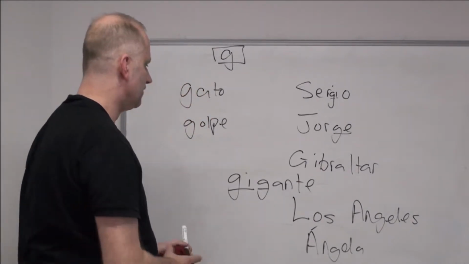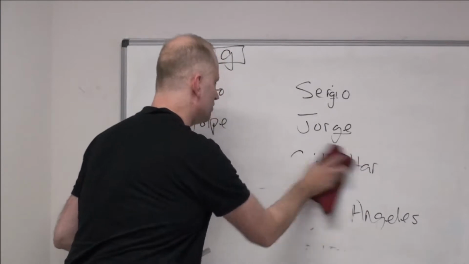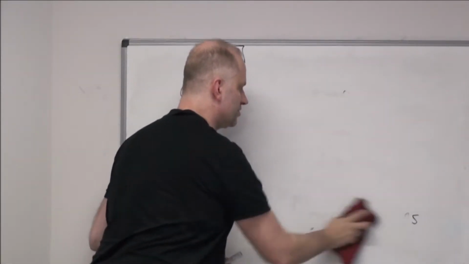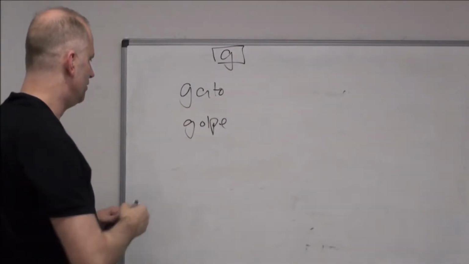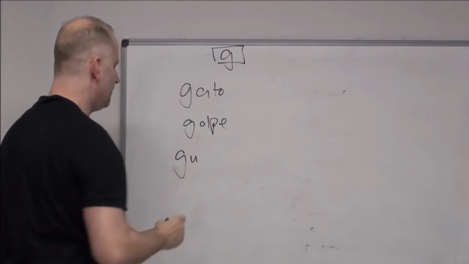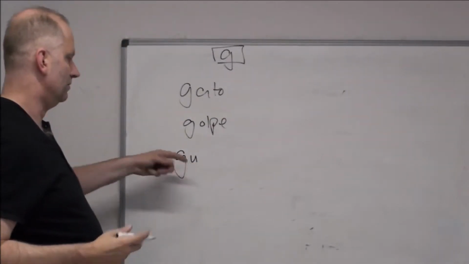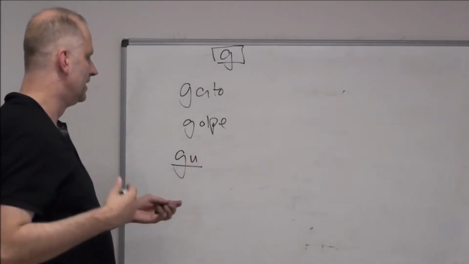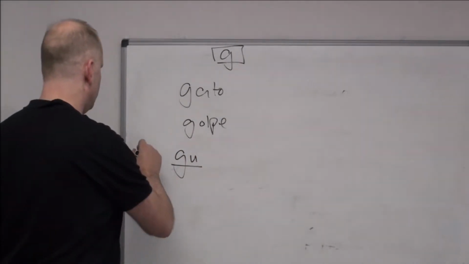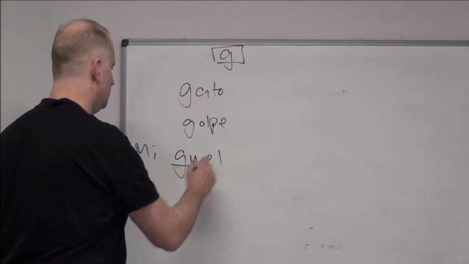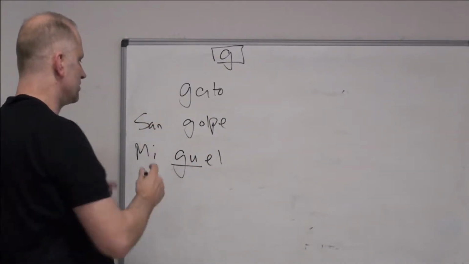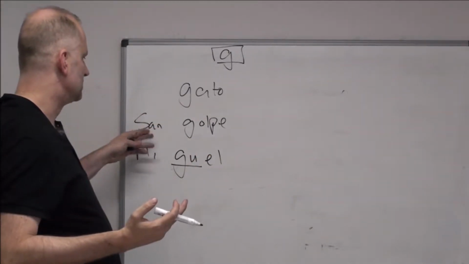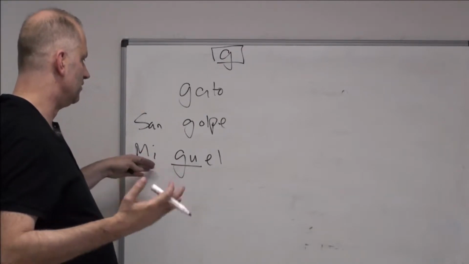There's another way this hard G sound is achieved, when you have GU. If you have GU followed by an I or an E, so if you think of the beer, it's Miguel, not Miguel.